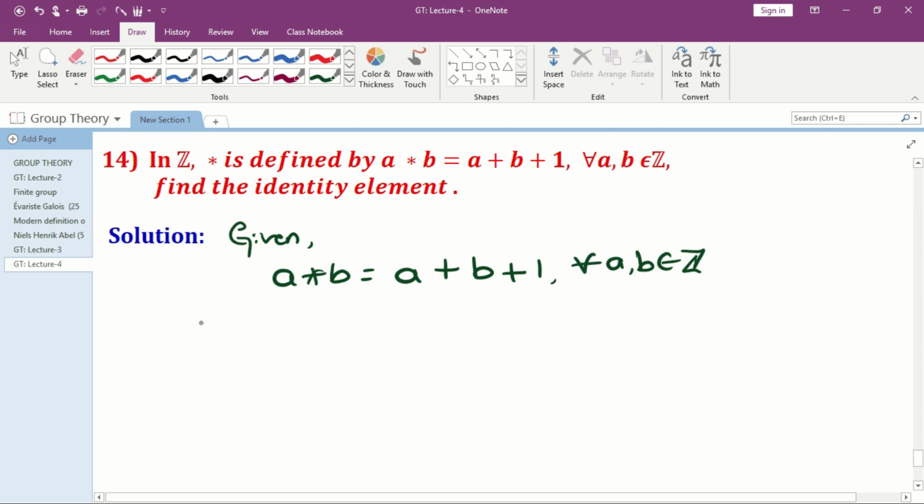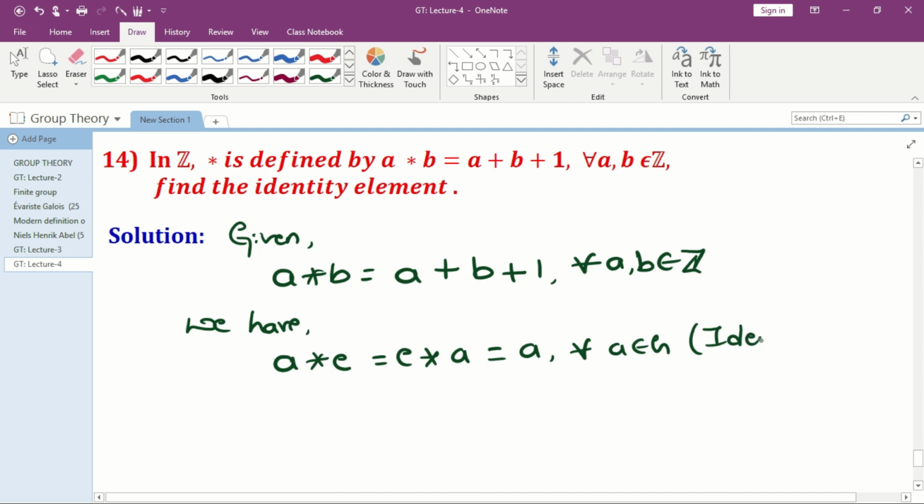Okay, so from identity law we have A star E equal to E star A is equal to A, and it is true for all A belongs to G. This is nothing but identity law.